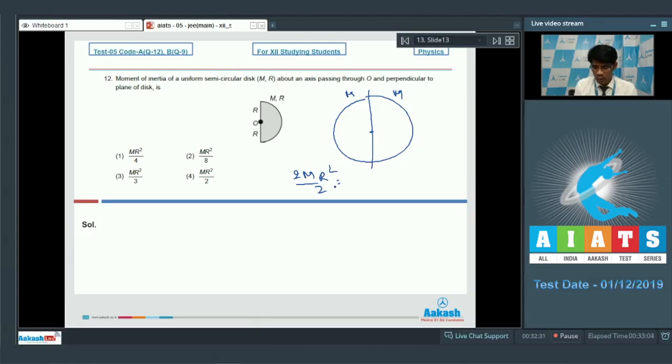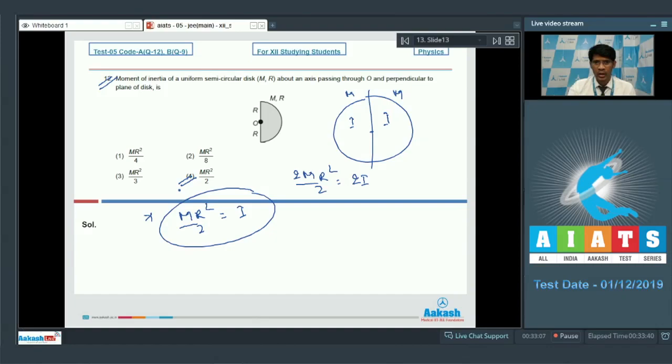So it must be the sum of the moment of inertia of this part and this part. So we shall simply say the moment of inertia of this side would be I, and the total is 2I, so I is m r square divided by 2, the moment of inertia of the given disk here. So for question number 12, option 4 is the correct answer.